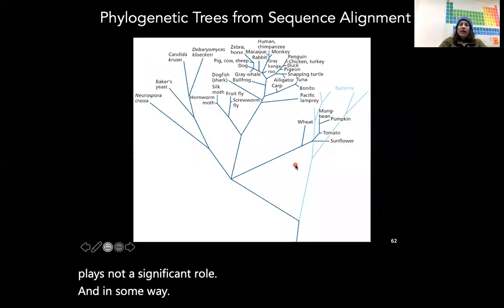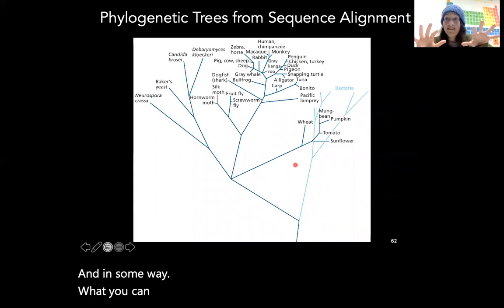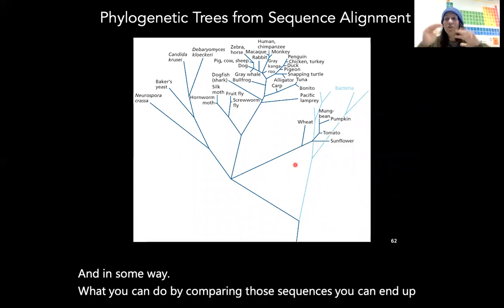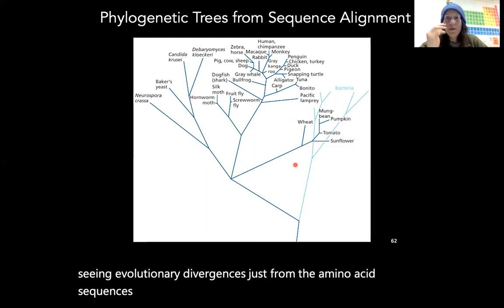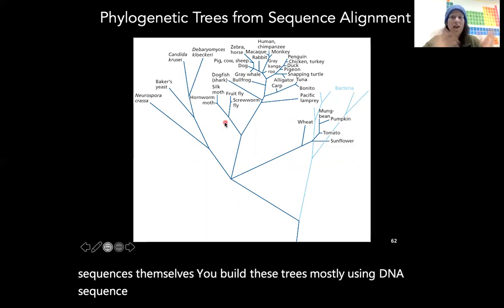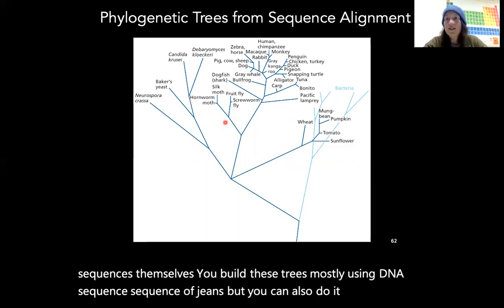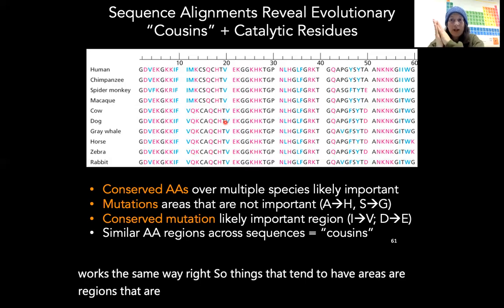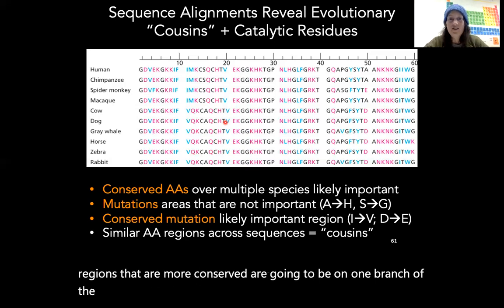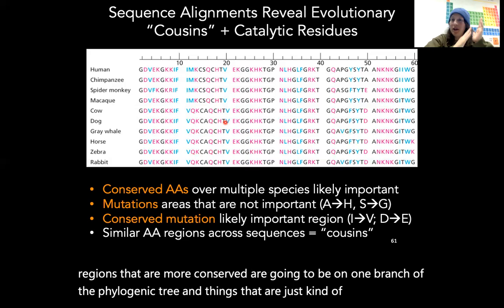All right. By comparing those sequences, you can end up seeing evolutionary divergence just from the amino acid sequences themselves. You build these trees mostly using DNA sequences of genes, but you can also do it with proteins. It works the same way, right? Things that have regions that are more conserved are going to be on one branch of the phylogenetic tree, and things that are really different are going to be on another branch.